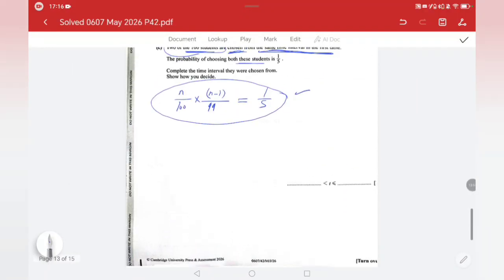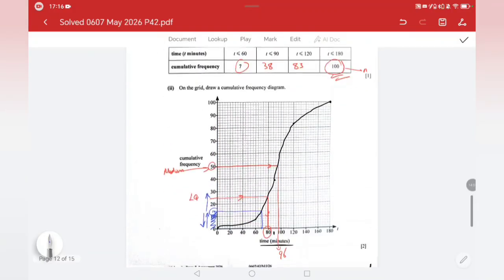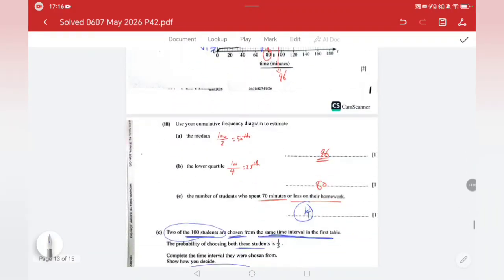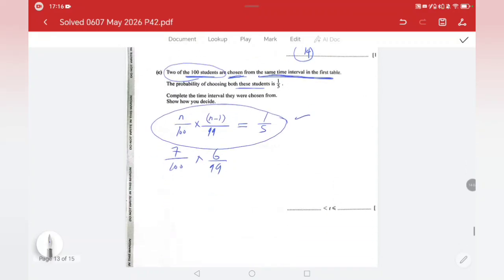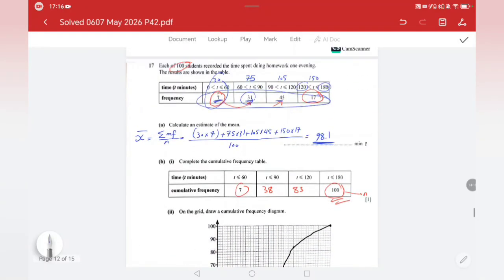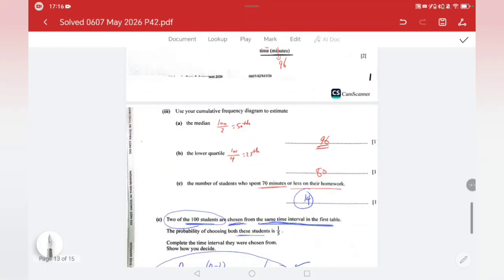You can try here 100 and here 99. The first one was 7 times 6. The second one is 31 and 30, sorry. And what else do we have? 45 and 17.